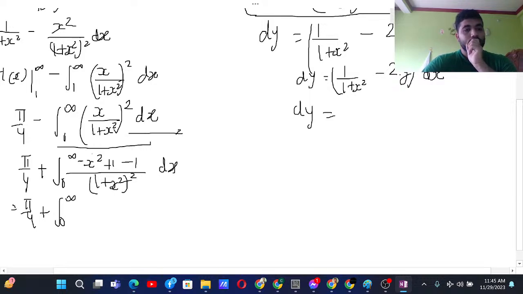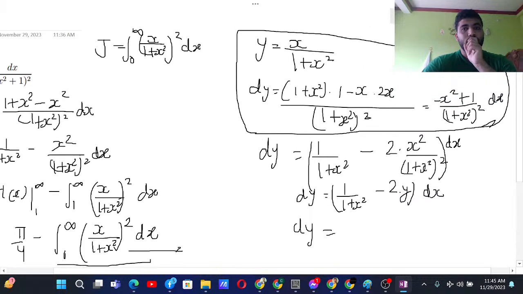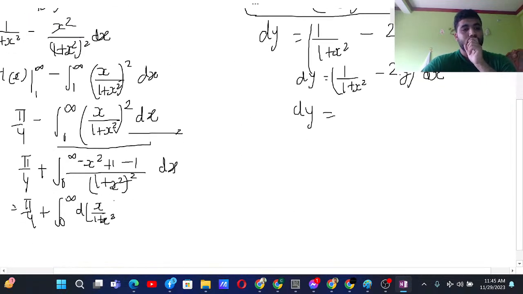Now we know that this expression is just the derivative of x/(1 + x²), and then minus 1/(1 + x²)² dx. Okay, so I think now we are finally done.